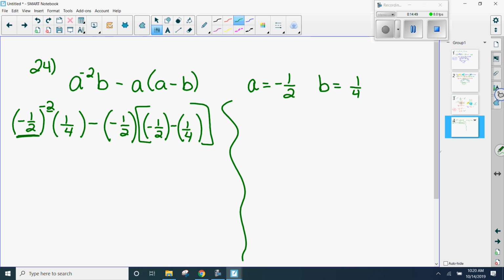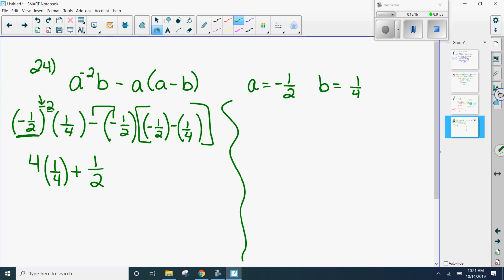So what's -1/2 times -1/2? 1/4. And then that negative exponent says, flip it. So instead of 1/4, you get 4 times 1/4 minus negative 1/2. If I look at these two negatives right there, that changes into plus 1/2. Is that okay with everybody if I do that?